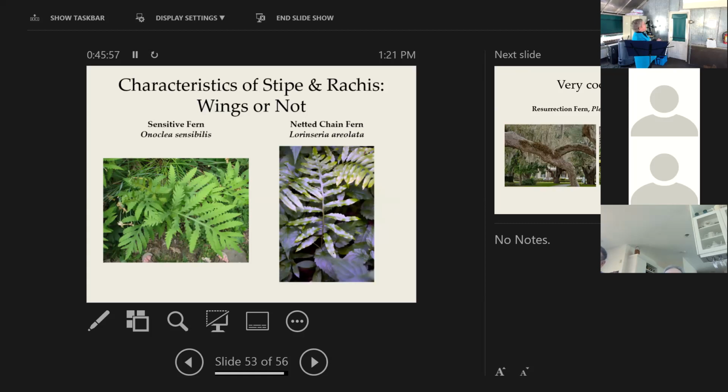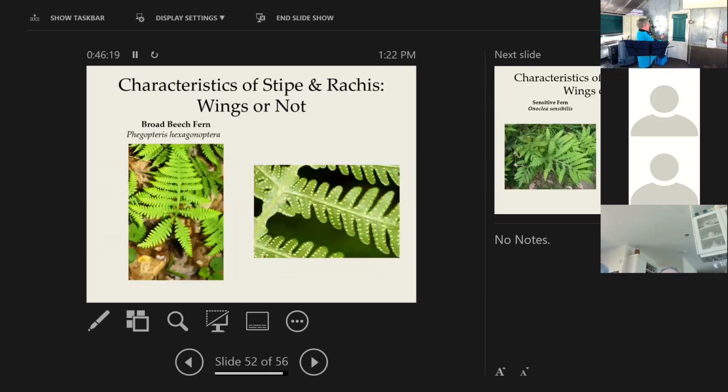They're opposite one another in sensitive fern. But I would hasten to say that opposite and alternate are not great characteristics to use with ferns. You hear those terms all the time: opposite, alternate, whorled, when you're talking about flowering plants, and that's very useful. But ferns, it's not always very useful. With this particular combination, they are useful.